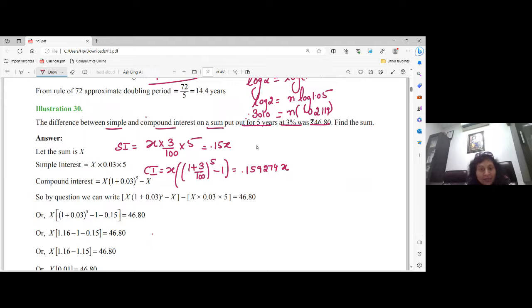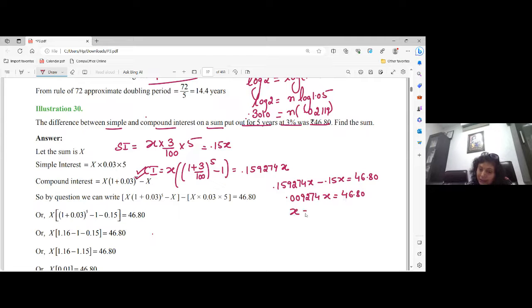74x. Now difference between both is given, but make sure the compound interest is always greater than simple interest. So 0.15924x minus 0.15x, that is equal to 46.80. That means 0.009274x, that is equal to 46.80.